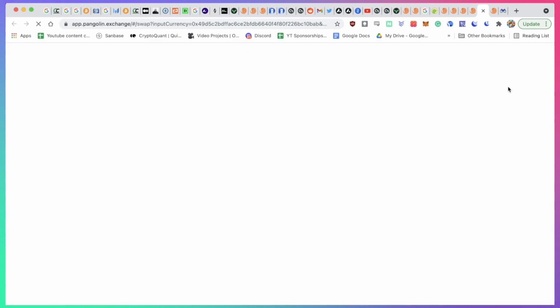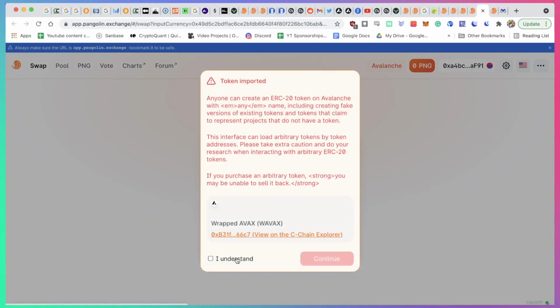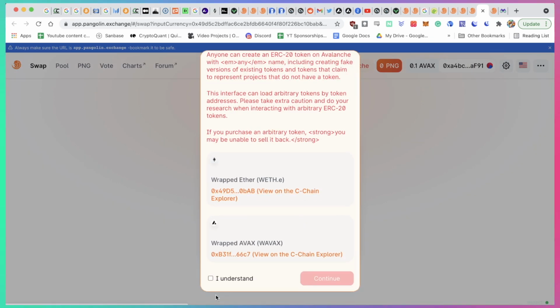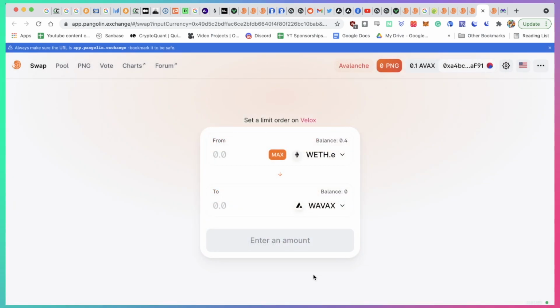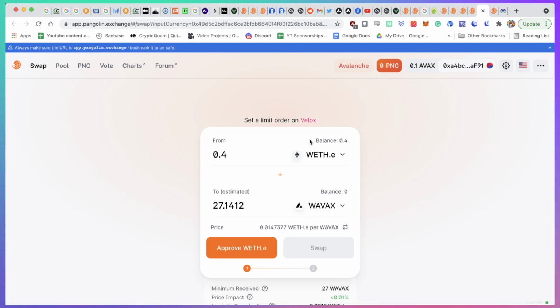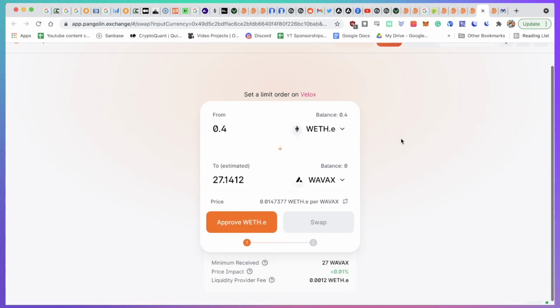And then you click here on trade. And then click here on I understand, continue. Perfect. So now you can see the balance is shown 0.4. I just click on max and I will actually swap 0.4 ETH for 27 wrapped Avax tokens.